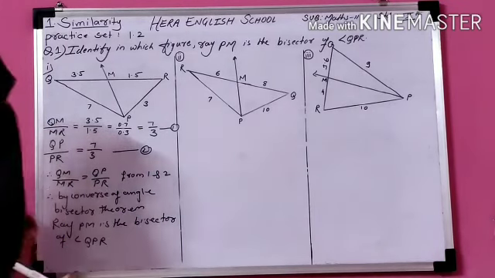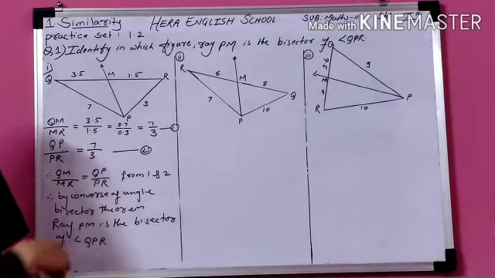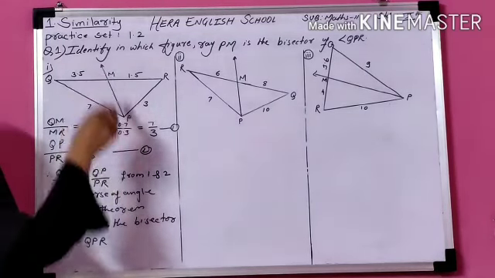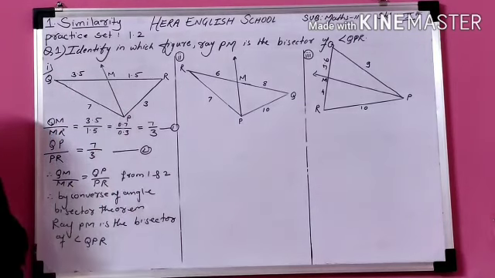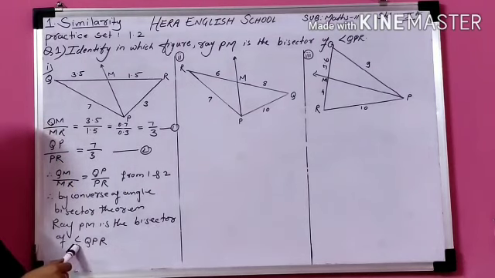Got it? So this is your first question. Again I am repeating: you have to prove whether this ray PM is the bisector of angle P or not. So I have applied here the converse of the angle bisector theorem.